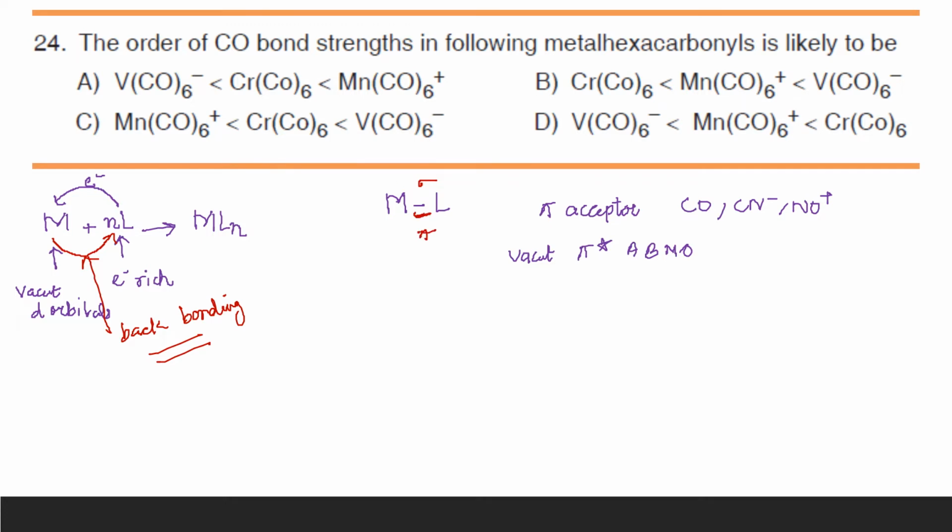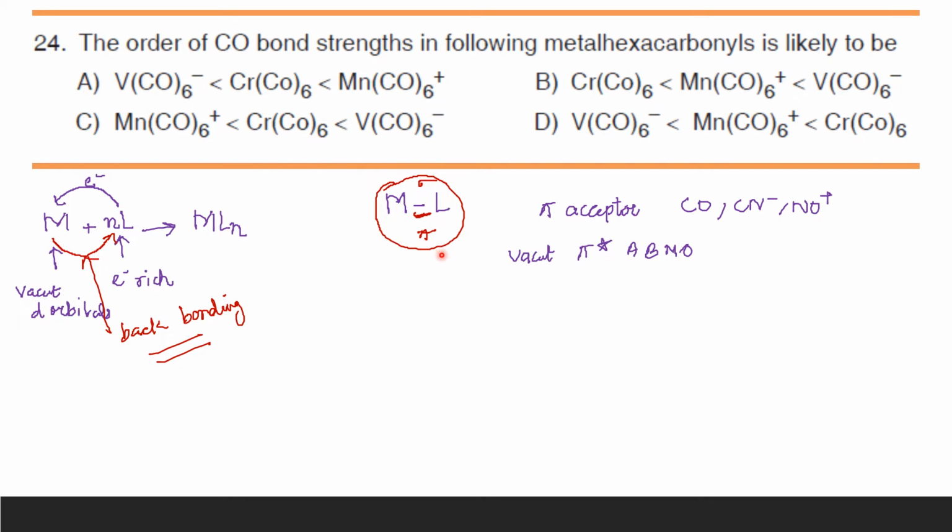That is, you can expect a metal ligand double bond character. When this happens, it is seen that the electron density of the metal will decrease, and moreover the metal ligand bond strength will be increasing. Okay, so this leads to a strong metal ligand bond.